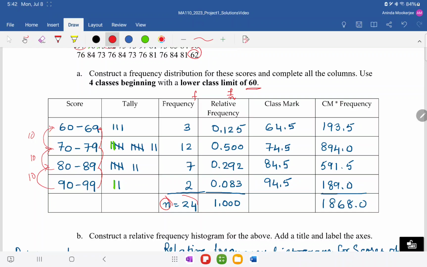But the important thing is, please, unless otherwise stated, all your decimals should be up to 3 decimal places. All right, so 0.125. Please do not round it to 0.13. Keep it to 3 decimal places unless the question tells you to. Please, by default, always write your answer to 3 decimal places.